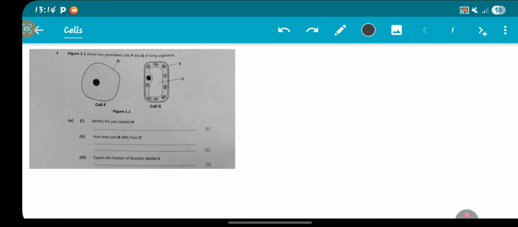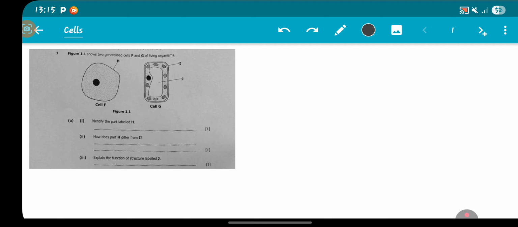So we've got cell F and cell G there. Cell F, we'll be able to tell, is an animal cell. Why? Because it has no cell wall. And cell G we'll be able to tell is a plant cell. Why? Because it has a cell wall.